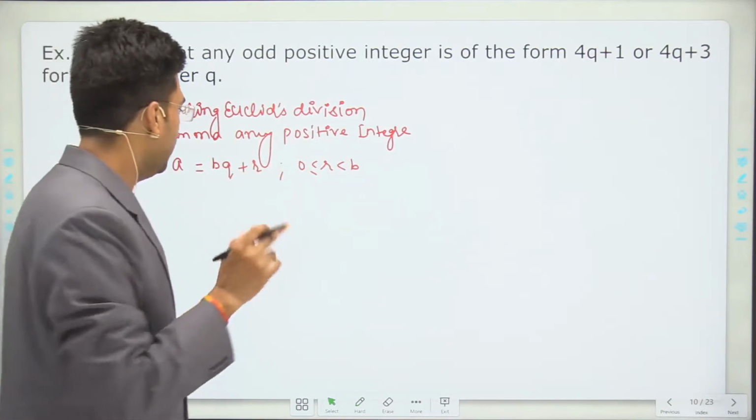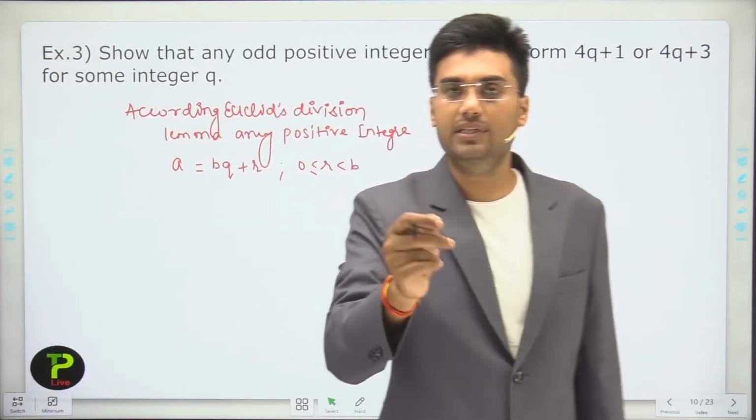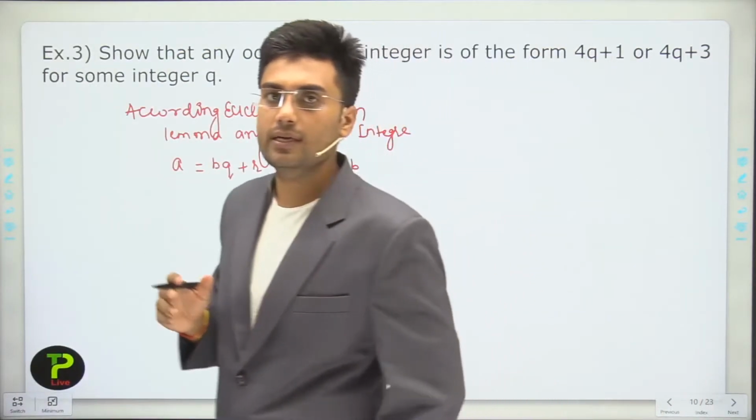Clear? And here a and b are positive integers and q and r are unique integers.